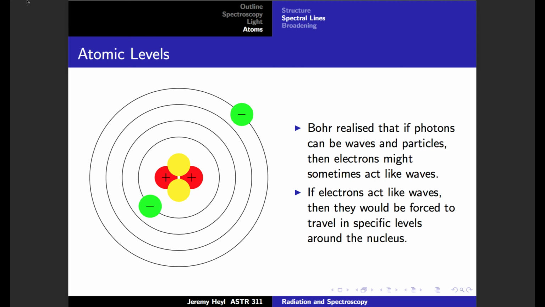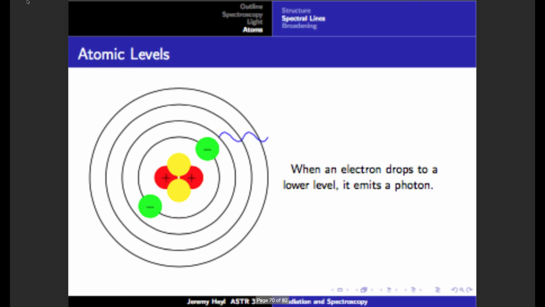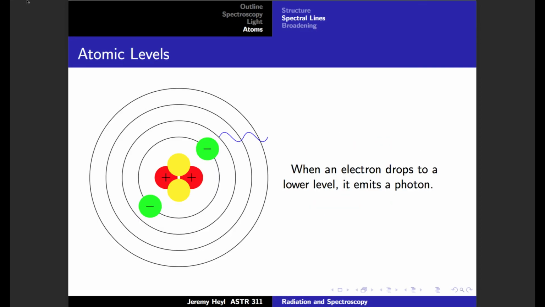But in particular, what it meant is electrons could jump. They could drop from one level to another. And since these levels are discrete, like steps of a ladder, the electron can't live anywhere in between these levels. So when it would drop down to a lower level, it would lose some energy. It would emit that energy in a photon.